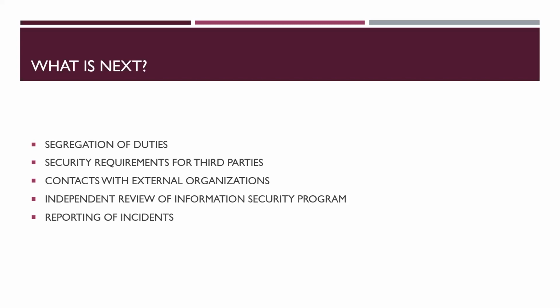The next is security requirements for the third party. So here, a non-disclosure agreement should be completed prior to engaging the vendor in any of the services. And all legal contracts between the company and the third party vendor should have a statement to protect the information security assets and whatever the requirements of the company.